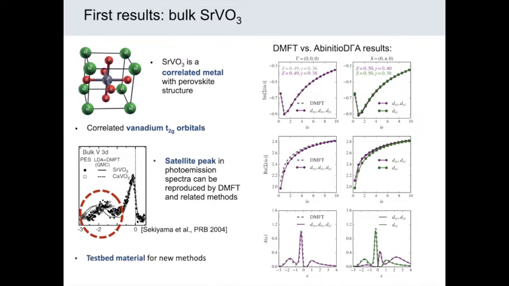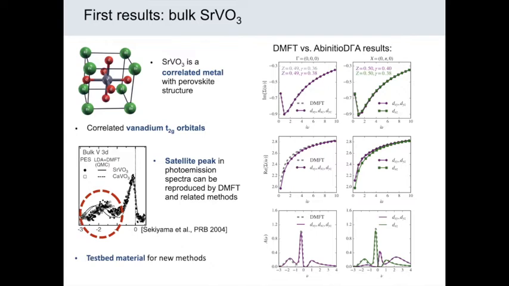In the second row, you have the real part. And then in the third, you have the spectral function. In gray, basically, it's the DMFT result, the dashed gray, while the colors represent the AbinitioDΓA result, and green and violet represent different orbitals.